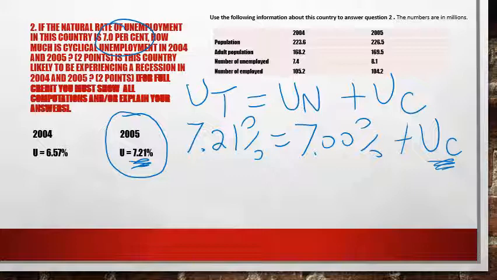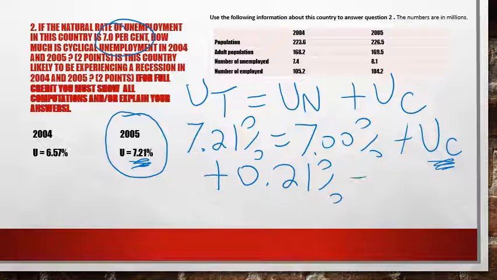So if we do the calculations, our answer would be 0.21% of cyclical unemployment. So what's our conclusion about 2005?